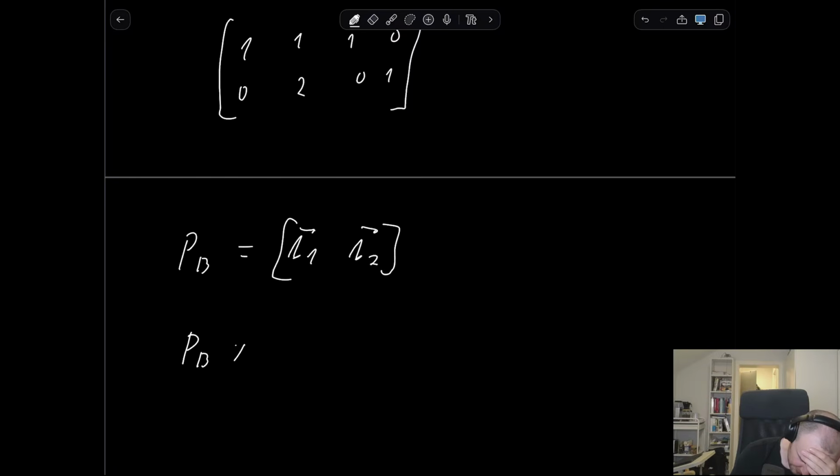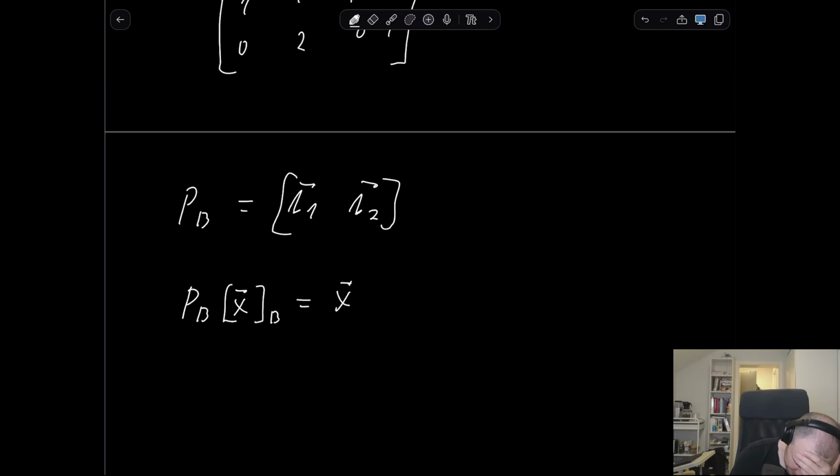Let's try. So we have X in terms of basis. That should be X. And if I multiply it on the left side, PB minus, ooh, that should be it. It's the other way around, isn't it? So I have X times X. That should be X and then B, right?